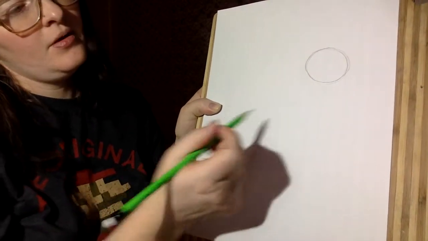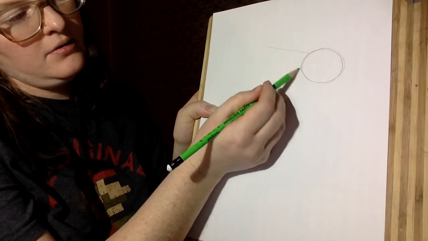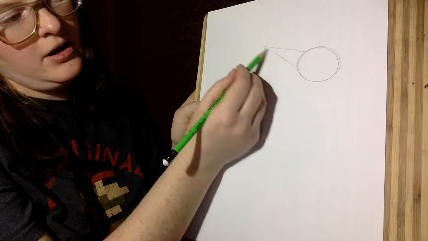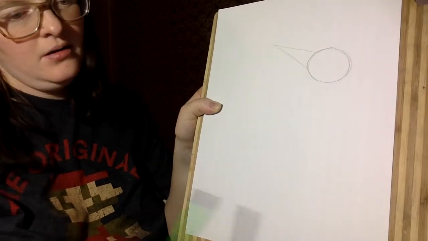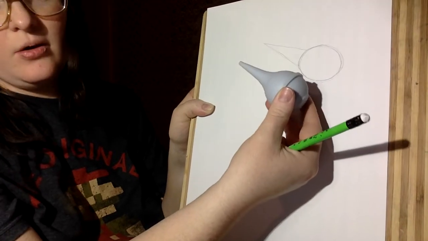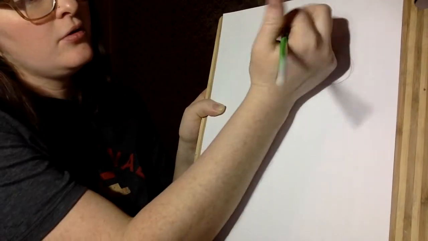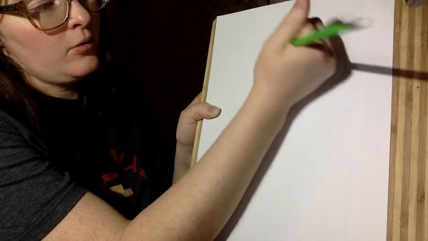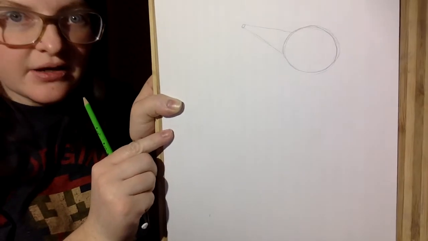Okay, and then I have that triangular shape that comes out of the top. This isn't quite as pointed on the end, it gets cut off. So you could do that little opening and erase the extra.